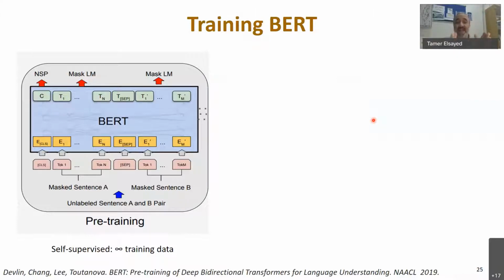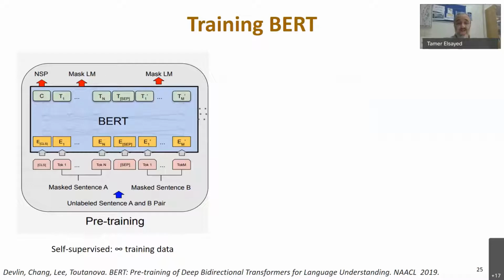Pre-training is pre-training the language model itself, the BERT model itself. We train it, as we will see, using two tasks. We will explain one of them, but out of that, we will get a model that we can use to generate embeddings for any sentence. This is what we call pre-training.